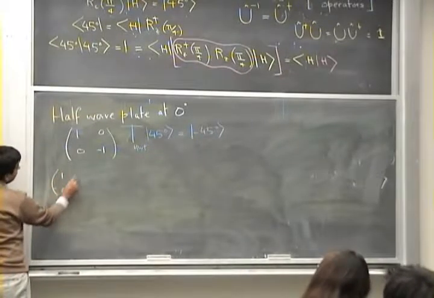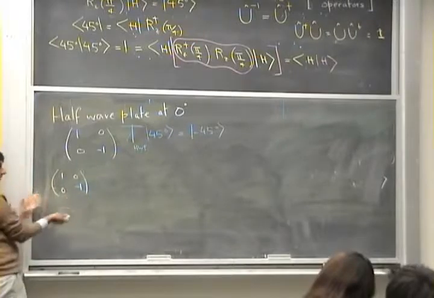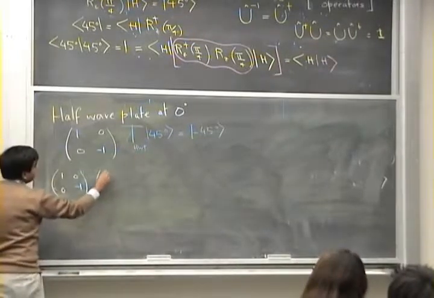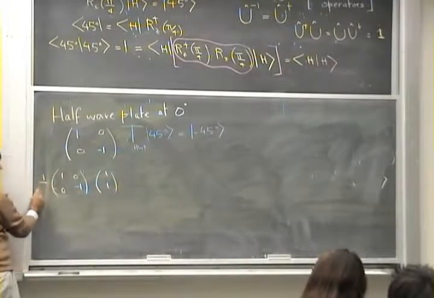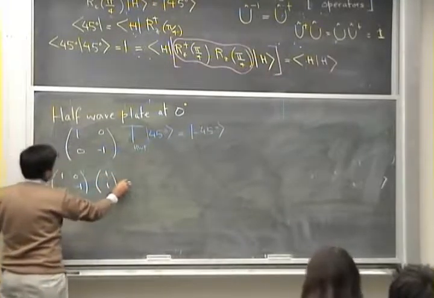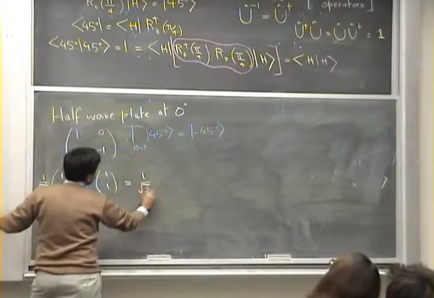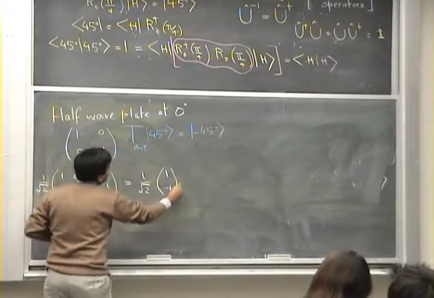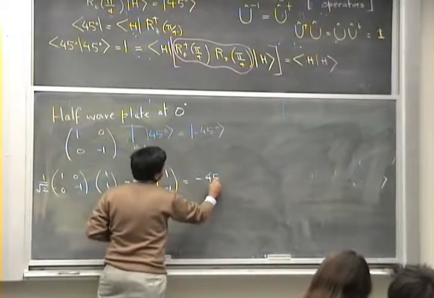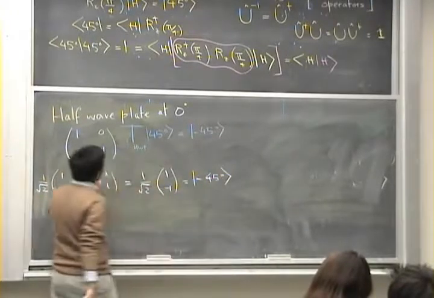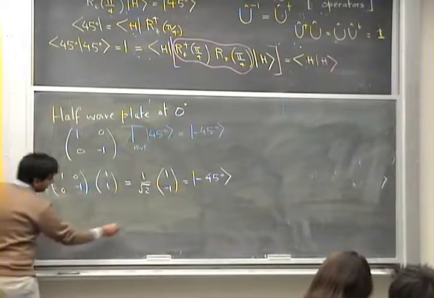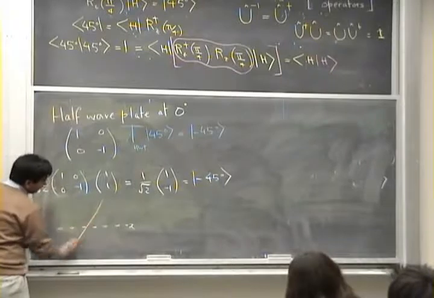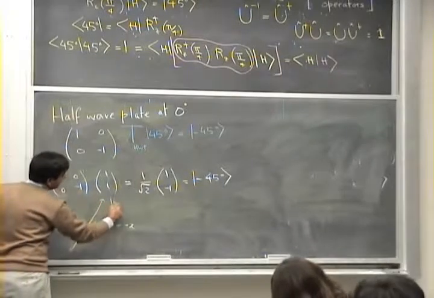So you have the half-wave plate. The matrix for the half-wave plate is given by this. The 45 degrees state is given by 1 over root 2 times 1, 1. What's your output? 1 over root 2 times 1, minus 1, which is simply minus 45 degrees. So what this half-wave plate has done is, if I draw a diagram, this is my x-axis, this is my initial state, plus 45 degrees.